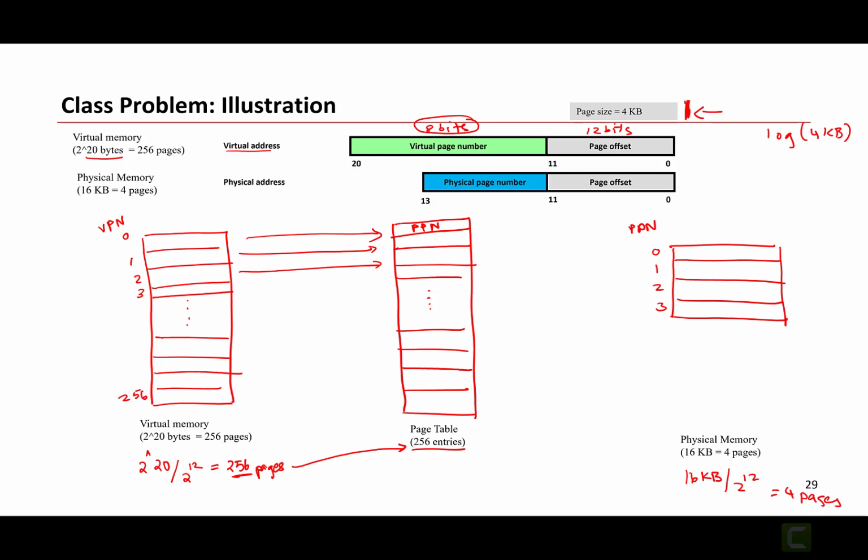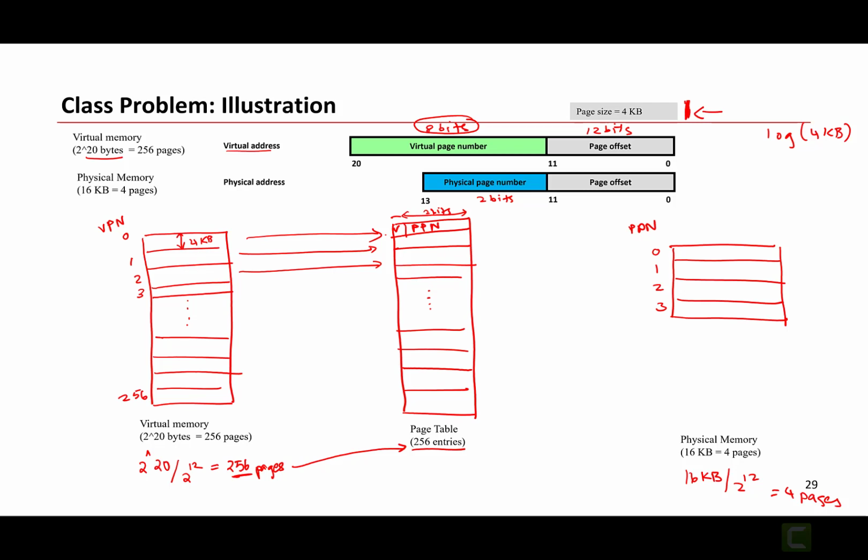And the page table may say, oh yeah, this is valid, and the physical page number is this. So the size of each page table entry would be the valid bit, which is 1 bit, and the physical page number, which we know is only 2 bits in size. So it's much smaller than what your virtual memory page is, which is, we know, is 4 kilobytes. So for each 4 kilobyte virtual memory page, we have one entry in the page table, and that entry is of size 2 bits for the physical page number and a few metadata like valid bits.